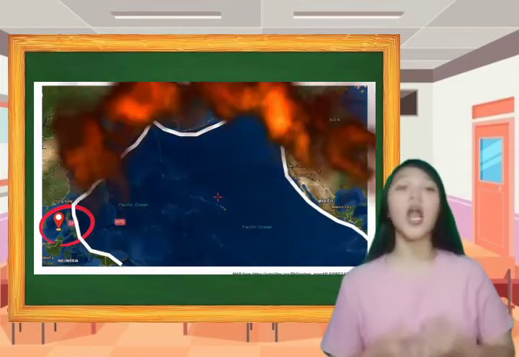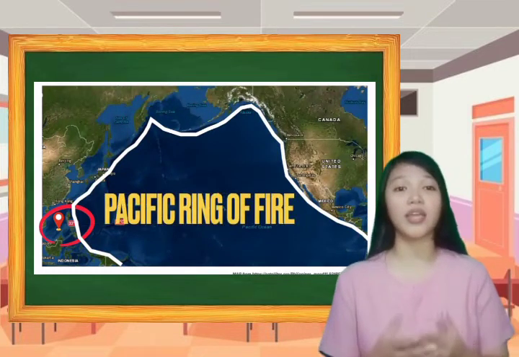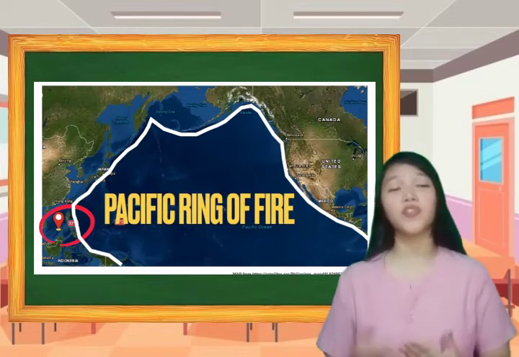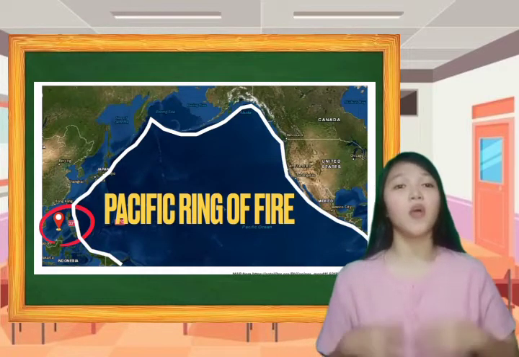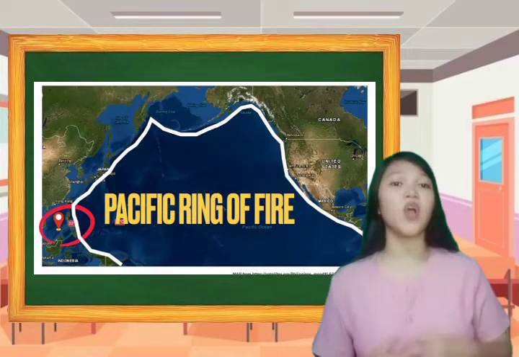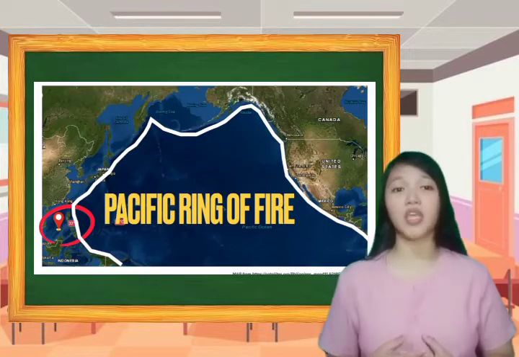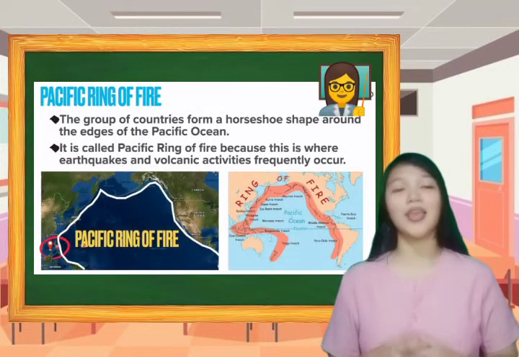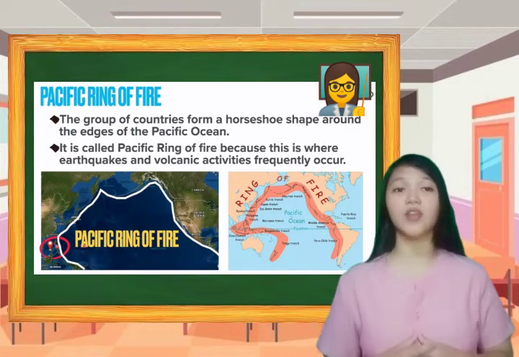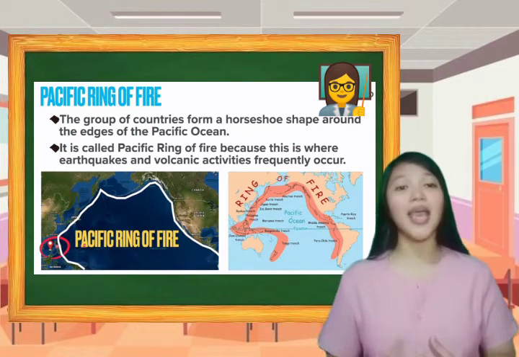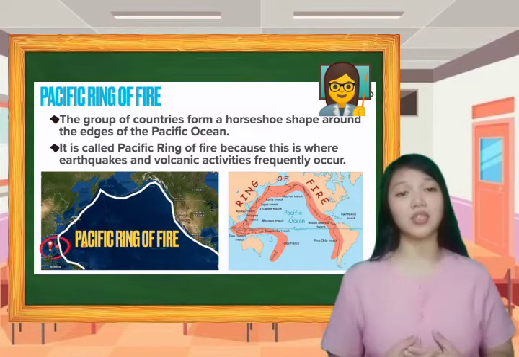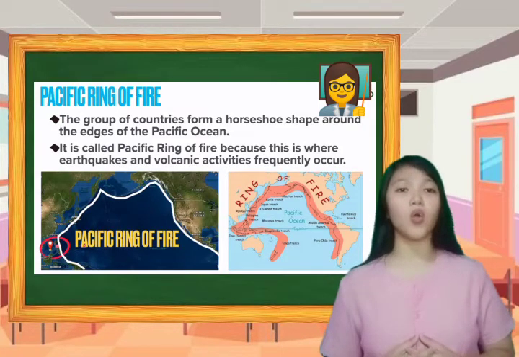Yes, the Pacific Ring of Fire. So the group of countries form a horseshoe shape around the edges of the Pacific Ocean. It is called the Pacific Ring of Fire because it is where earthquakes and volcanic activity predominantly occur.